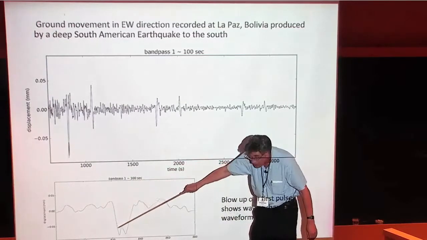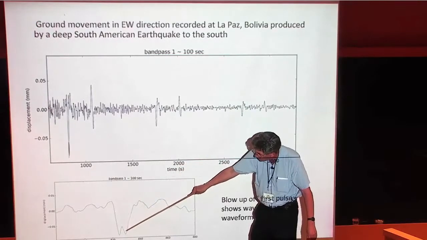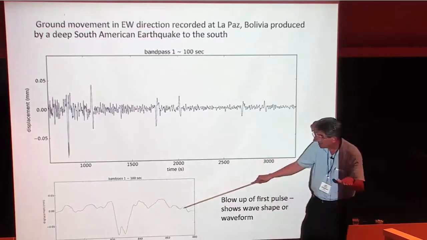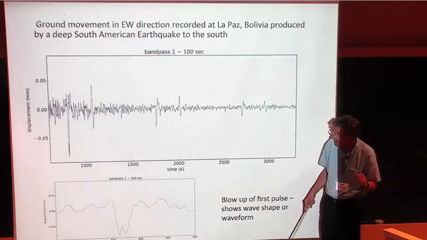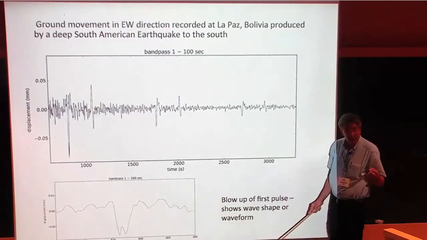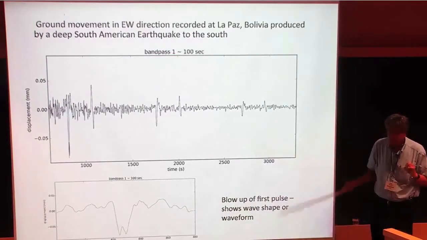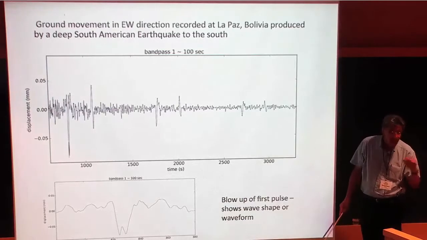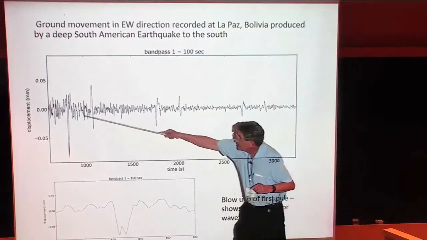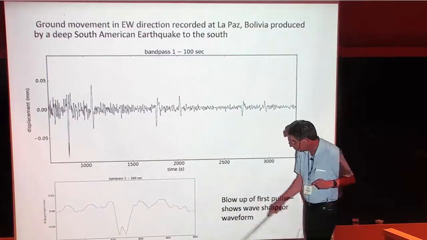The ground started to move west, moved east a little bit, moved back west again, came back to its equilibrium point, and was flat afterwards with a little bit of jiggling. We call this the wave shape, or the pulse shape, or the waveform of the particular wave. I'll refer to that a couple of times later on in the talk. But that's basically what this pulse looks like when you blow it up.